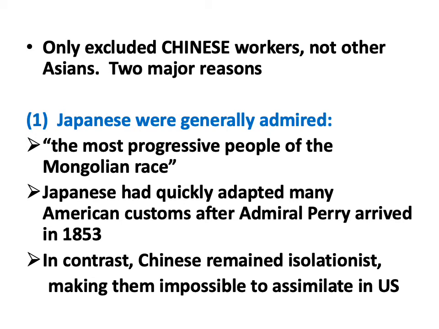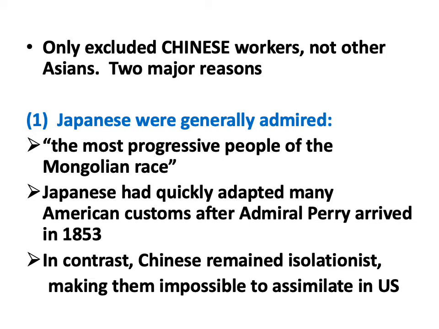They wanted to learn English. They wanted to switch to American style clothing. They wanted to send their children to study in the U.S. And this was very flattering, obviously, for the Americans. And then there was a war between China and Japan in the 1870s, and the Japanese won. That was seen as another confirmation of Japanese superiority.